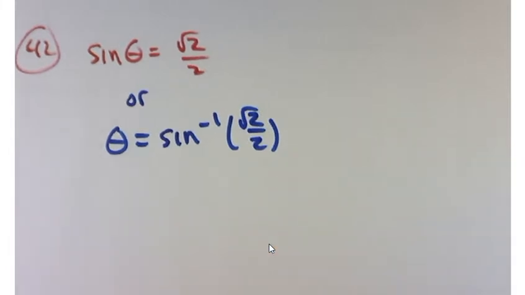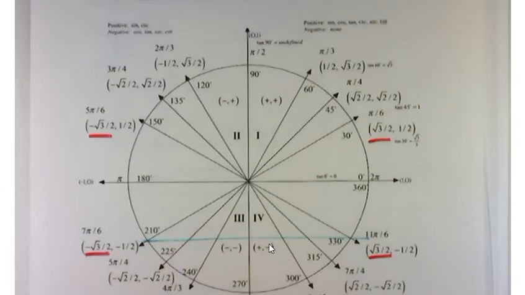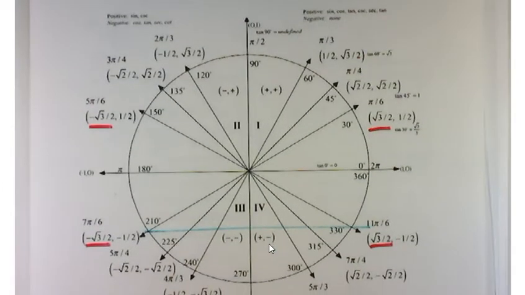So, great. We're looking for the angles whose sine is root 2 over 2. So let's look back at our unit circle. What angles have a sine or y-coordinate of root 2 over 2?